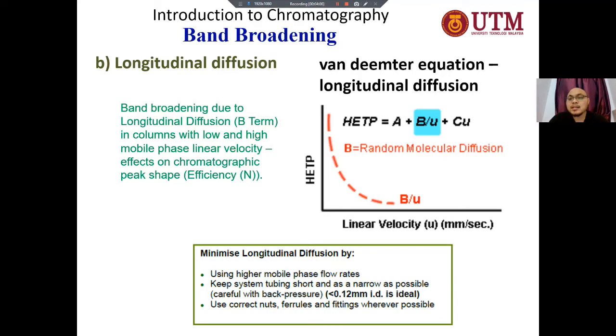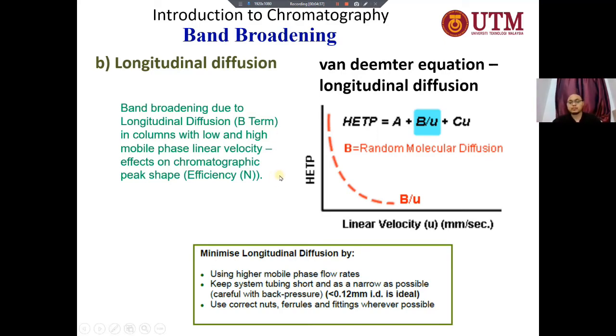How can we increase the speed other than by increasing the velocity? We can improve the speed until it reaches the detector by keeping the tubing system short. That is how you can improve the speed of the analyte to reach the detector. The first one, you can increase the velocity, and the next one, you can use a shorter tubing system, or as narrow as possible.